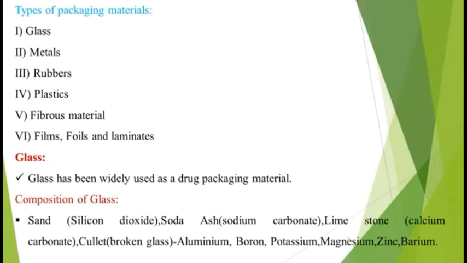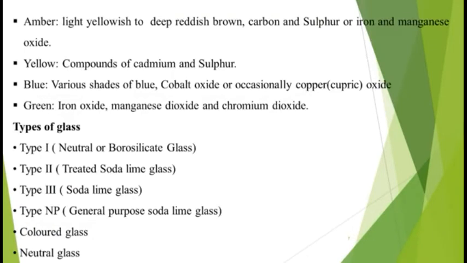Next one is chemical reaction. In the chemical reaction, the plastic formulation reacts chemically with one or more compounds of the drug products. Such a reaction occurs in plastics and plastic products. So next one is modification. In the modification, there is physical and chemical alteration of packaging materials by the drug products.